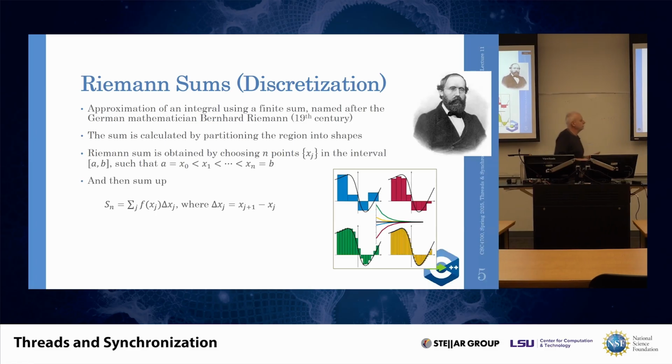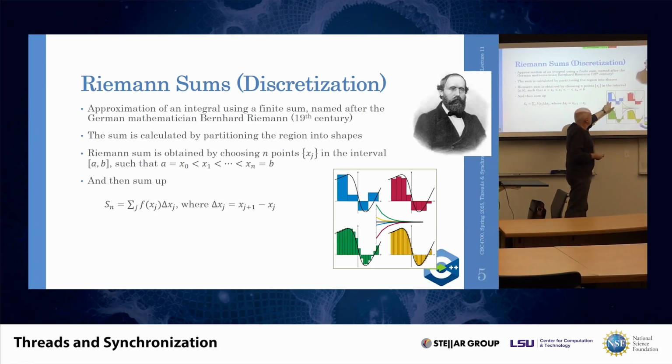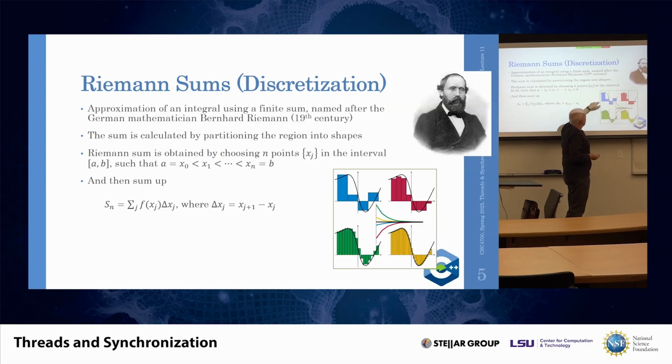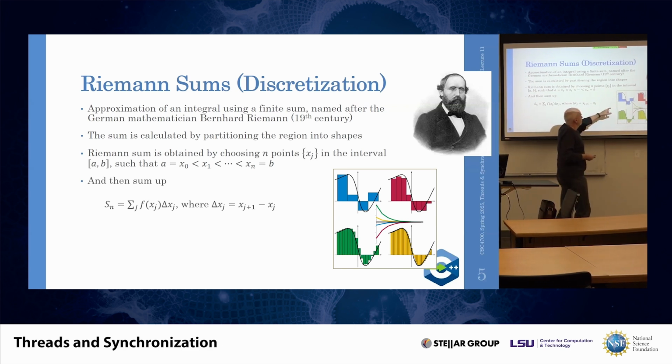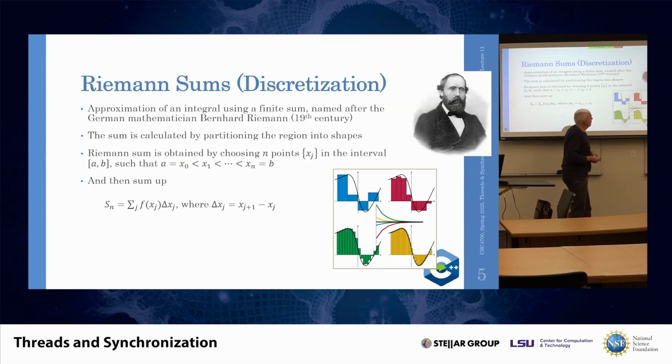So we have a certain interval, in between we have 1, 2, 3 points, and we calculate the area of the rectangle defined by the width and the height, which is a function value.